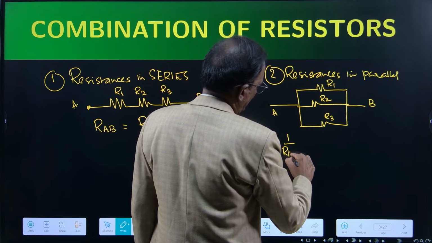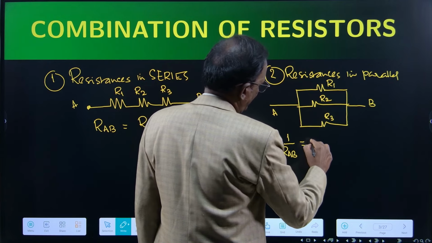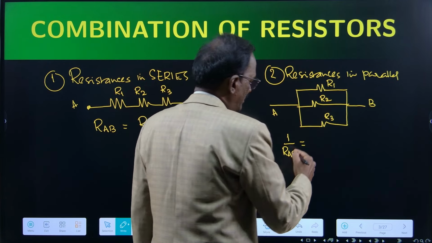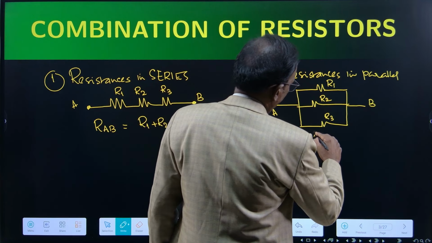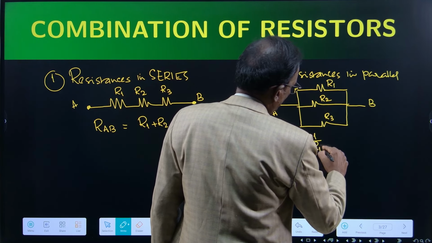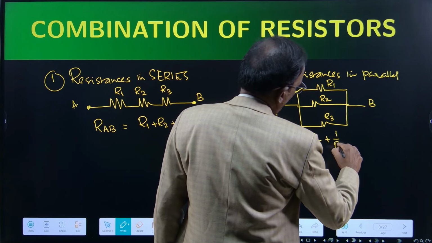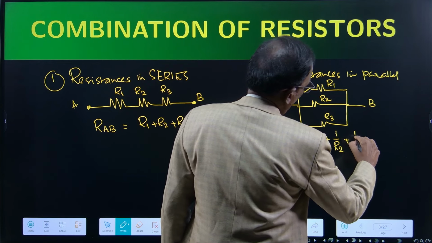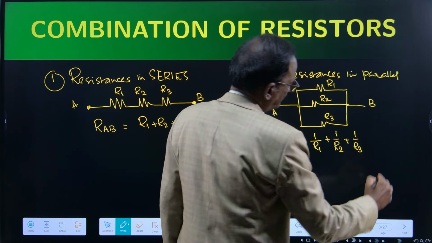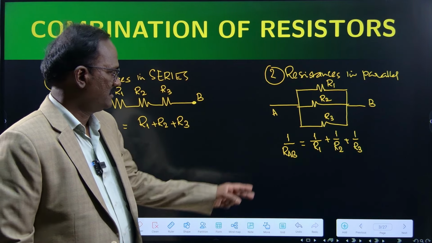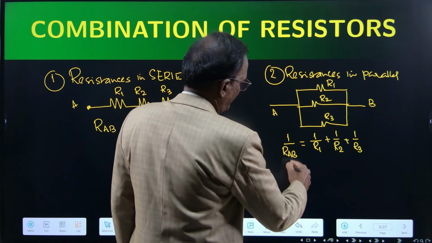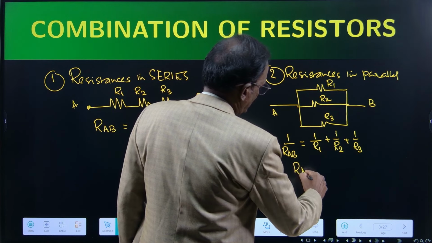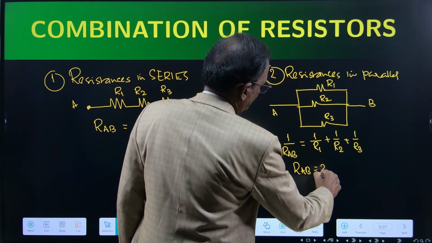The equivalent resistance between the two terminals A and B is given by 1 by RAB equals 1 by R1 plus 1 by R2 plus 1 by R3. That's all. Then we have to take again the inverse to find RAB.